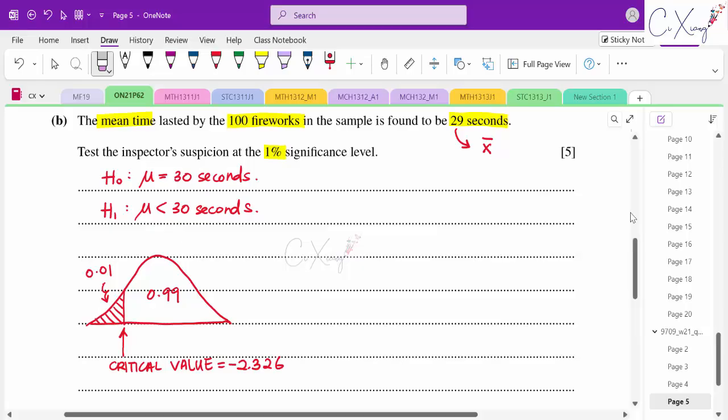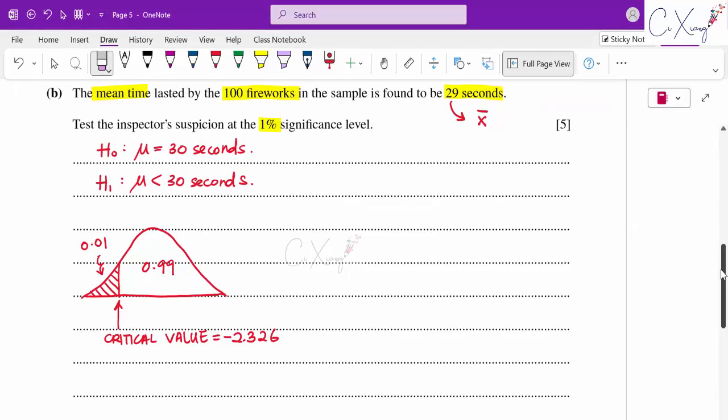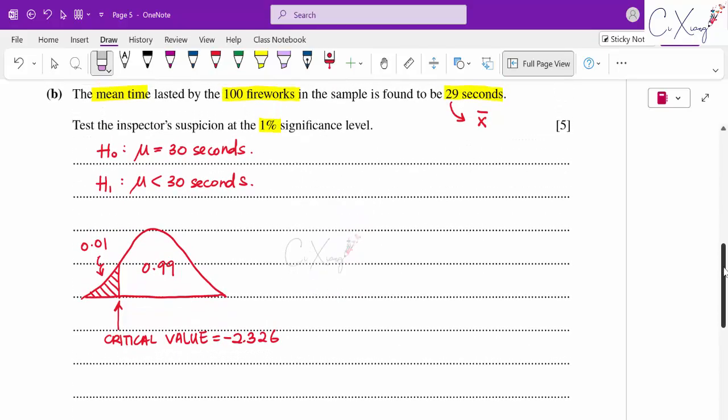After the critical value, let's continue to get the test statistic. What is the test statistic here? All right, so I try to calculate the test statistic. The test statistic formula is Z equals to, I'm using sampling distribution, so sample mean minus the population mean divided by standard deviation over square root n.